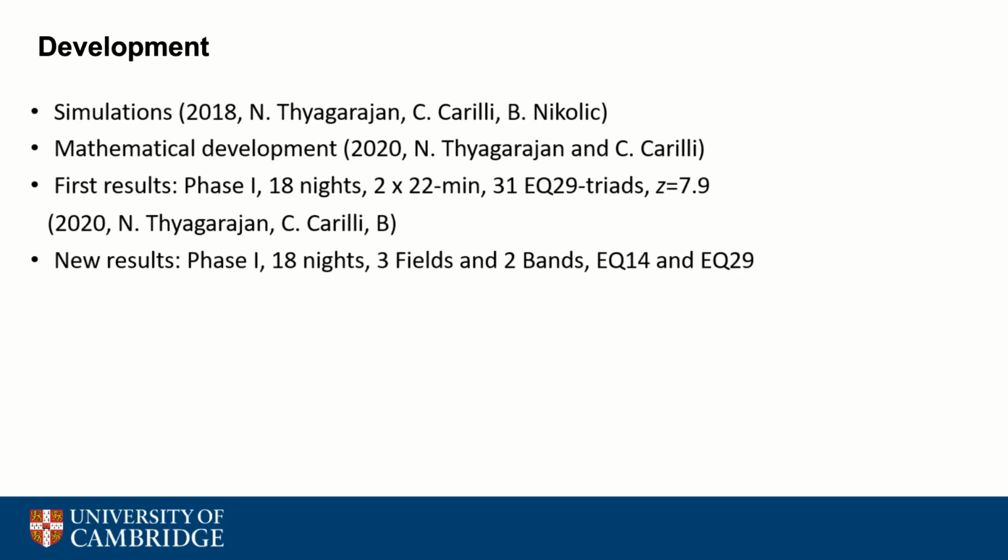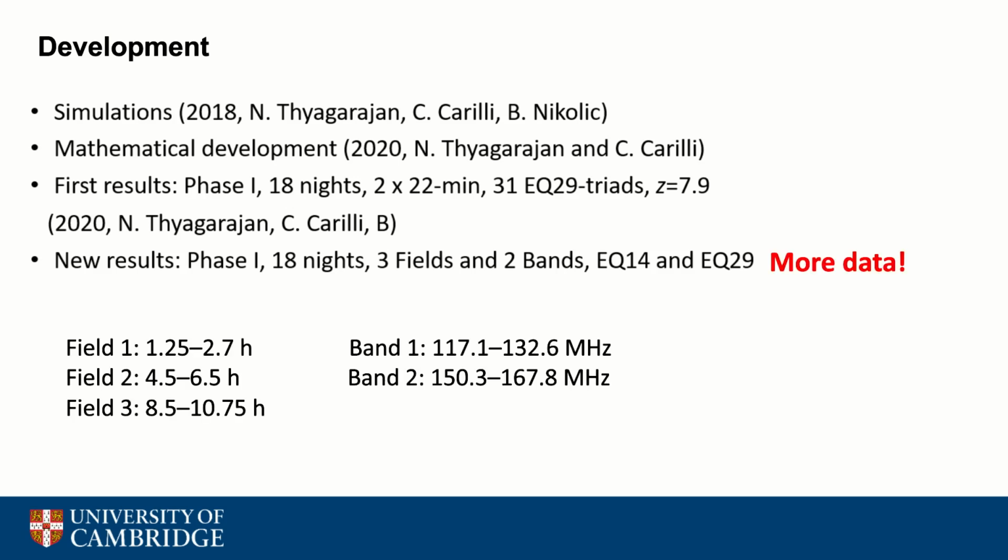The results I'm showing you in this presentation are also derived from the same data, phase 1, 18 nights, but 3 different fields and 2 bands, and 2 different triad classes, equilateral 14-meter and equilateral 29-meter triads. Now the 3 fields and 2 bands that I analyzed correspond to the same fields and bands that were used to publish the first visibility upper limits. And so it allows for a nice side-by-side comparison.